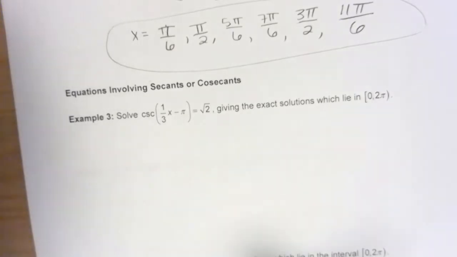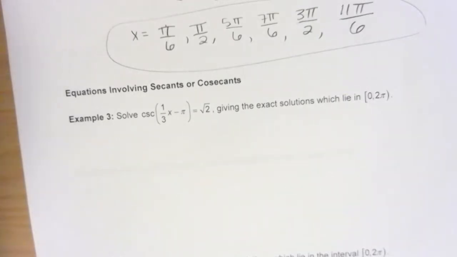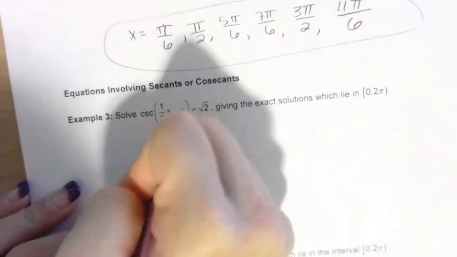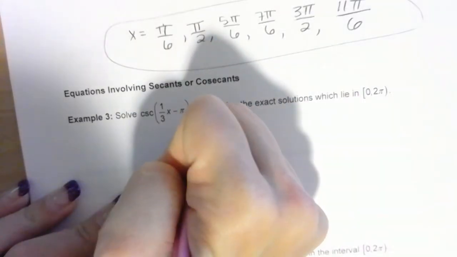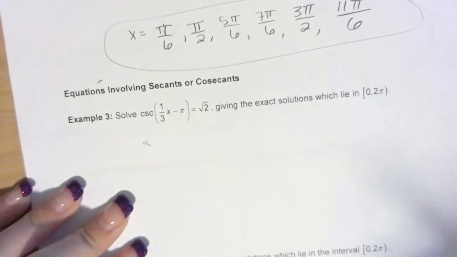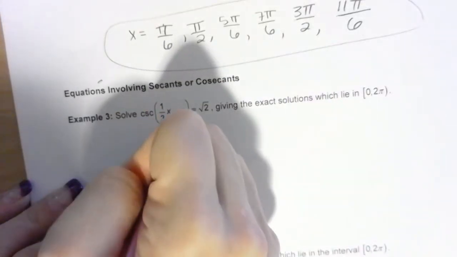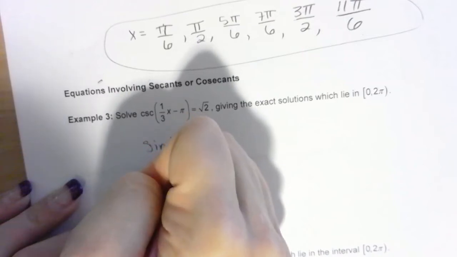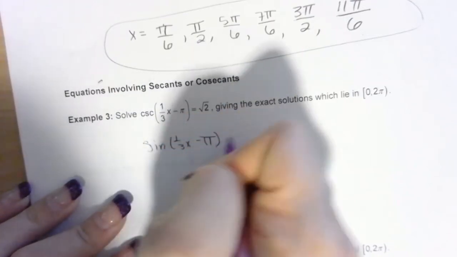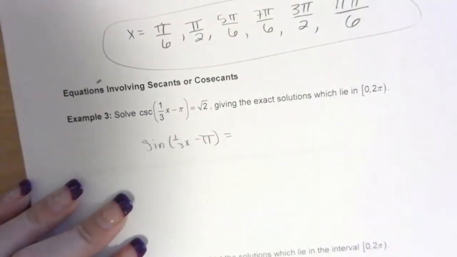Cosecant. Well, from our rules before, it says convert first. So cosecant converts to sine. So I'm going to flip this and look at sine of 1/3 x minus pi equals, and if I flip that I get 1 over square root of 2.